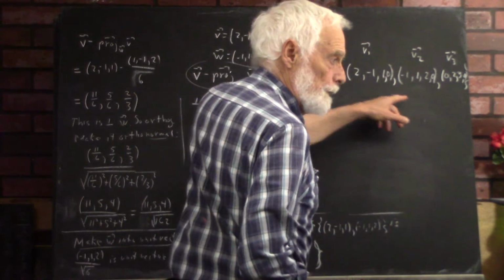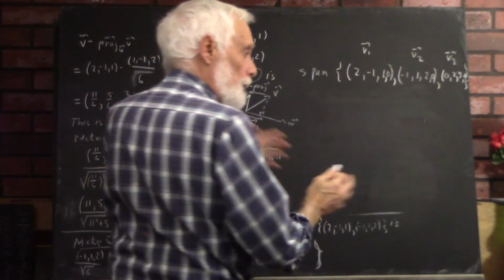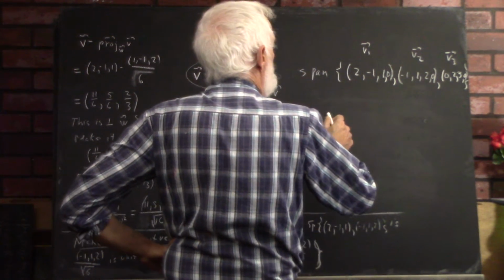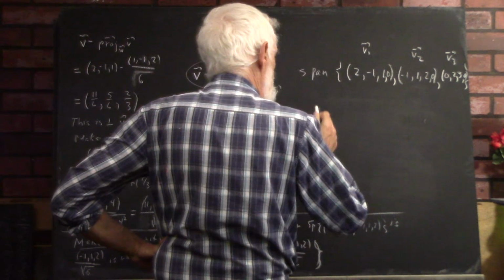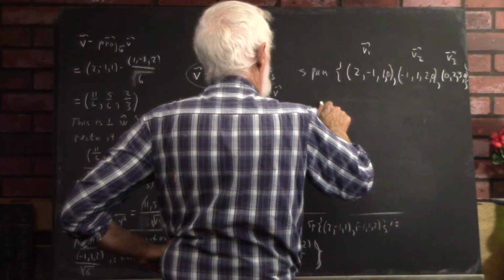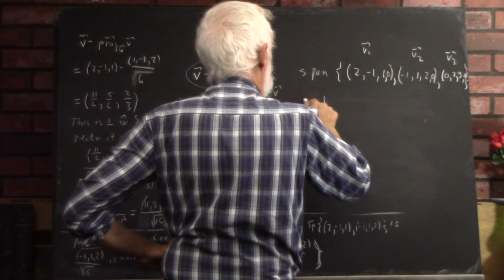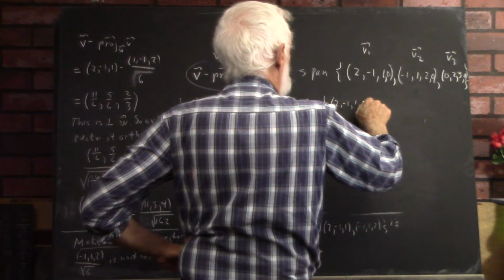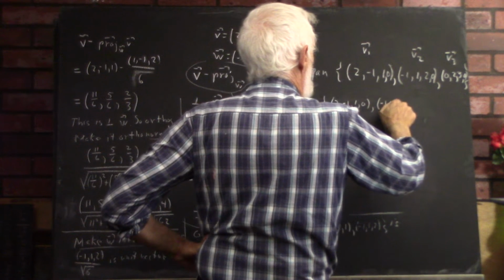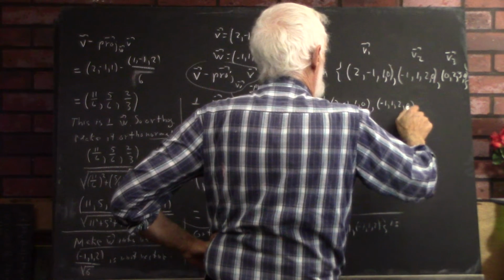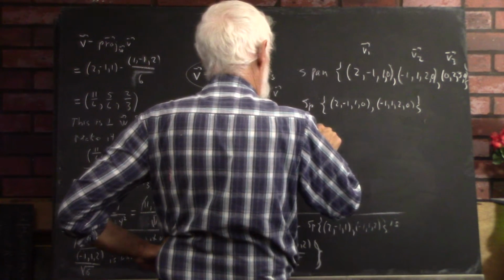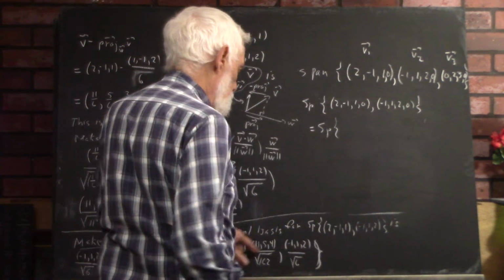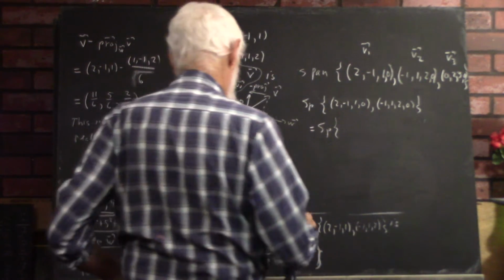Instead of v and w, I'm going to use subscripts because when you get into higher dimensions, you run out of convenient letters. I'm going to claim right off the bat that the span of the set 2, -1, 1, 0 and -1, 1, 2, 0 equals the span of the vectors I get from these just by adding a 0 on the end.